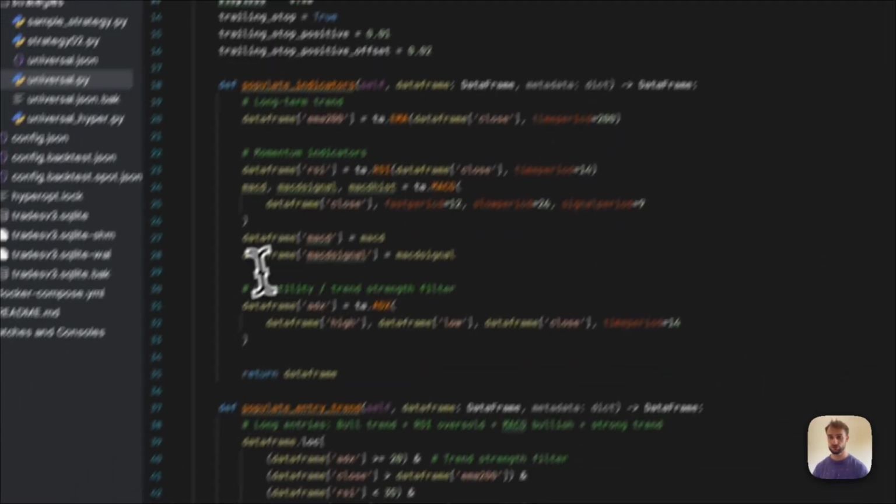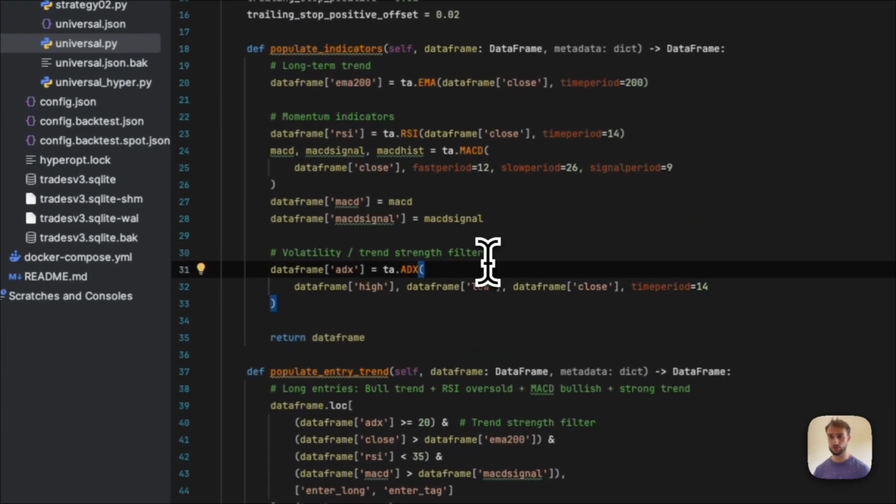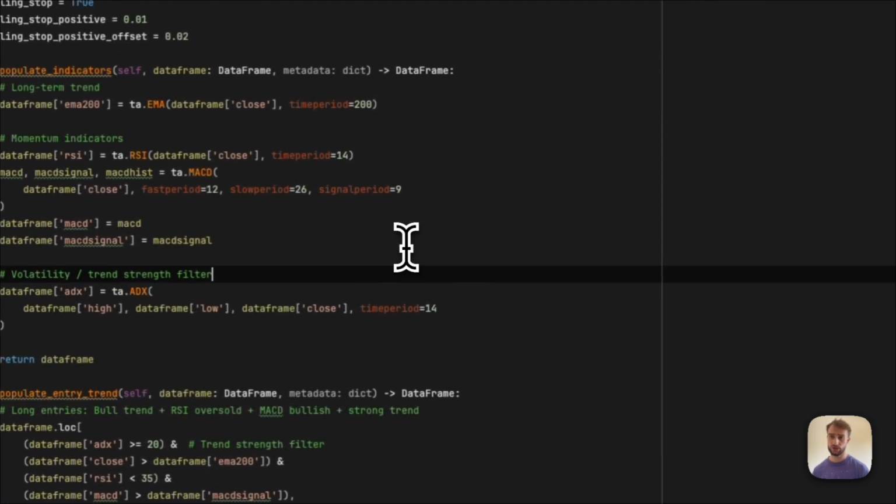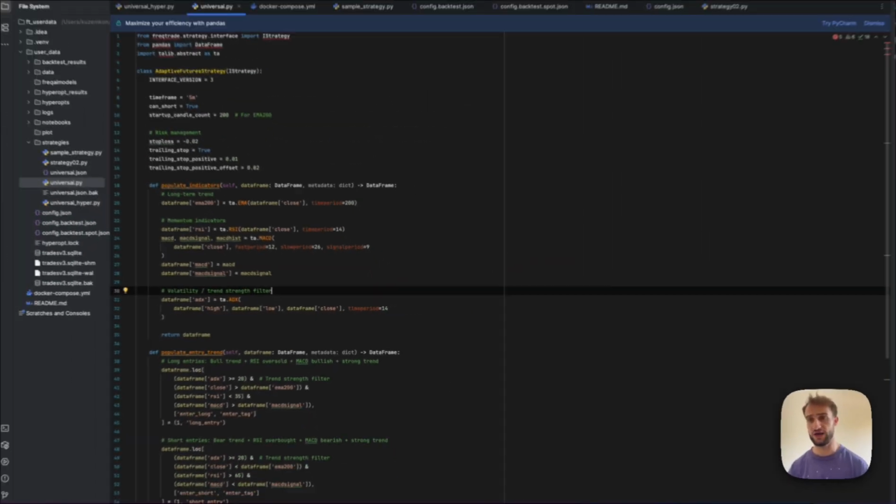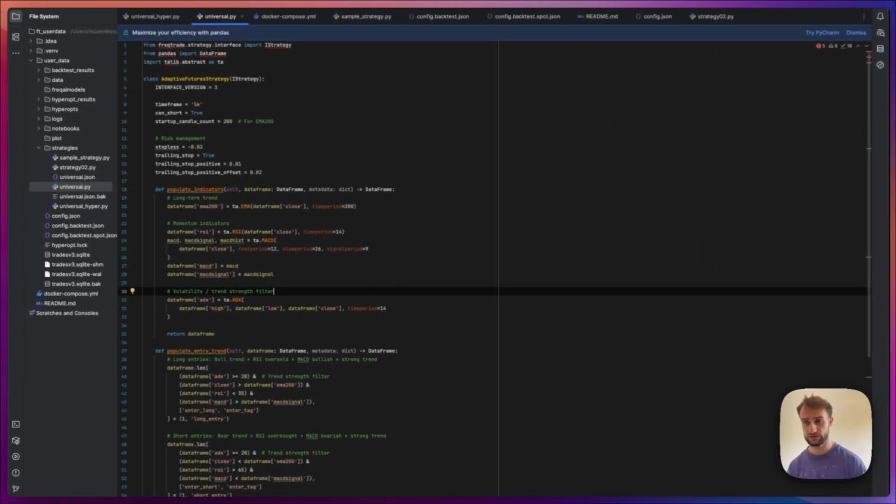So I have updated this strategy with AI to include the ADX verification. What we're doing here is we want to measure the trend strength. This is important because we don't want to trade in an uncertain market. When the market stays flat and we are not sure if it goes up or down, we prefer not to trade, because this is where we make the biggest losses.